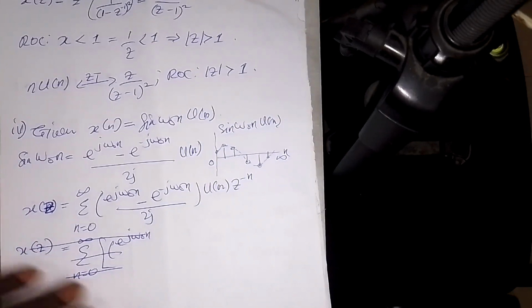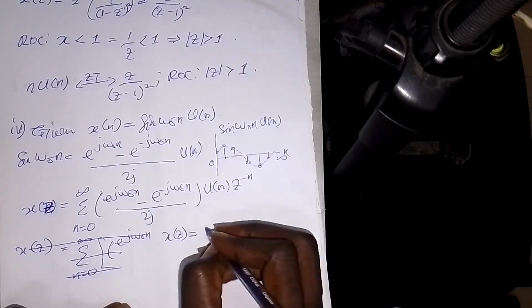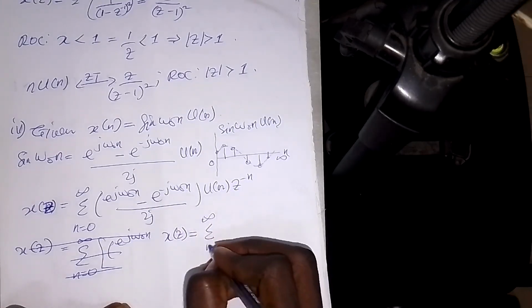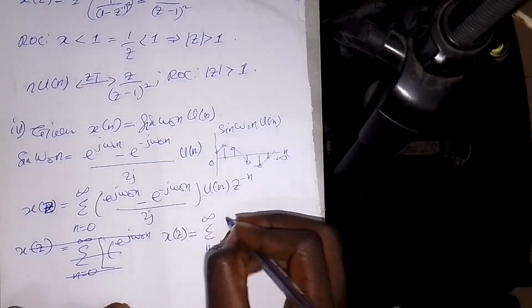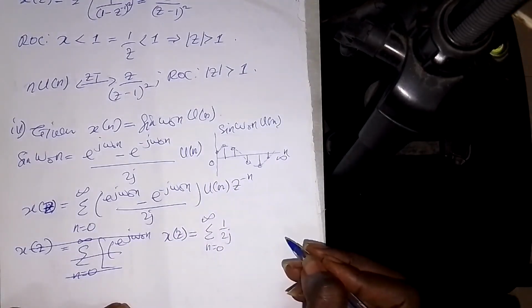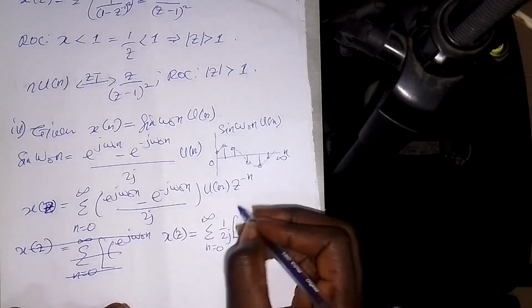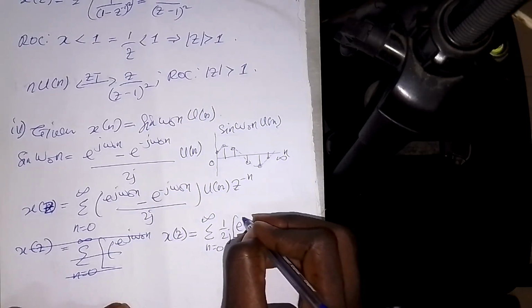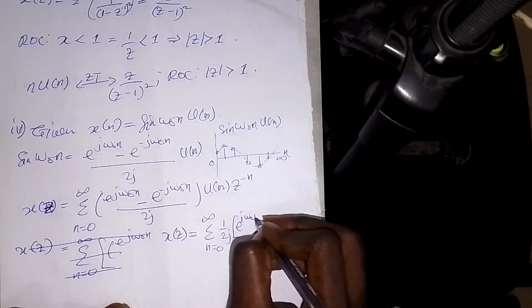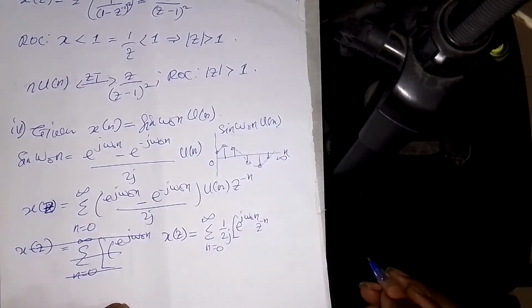X(z) equals the summation from n equals 0 to infinity, where 1 over 2j can come out, and then I can have e^{jω₀n} into z^{-n}.